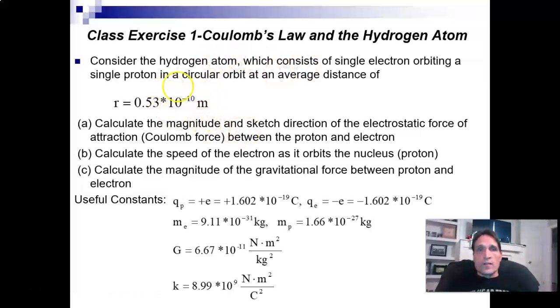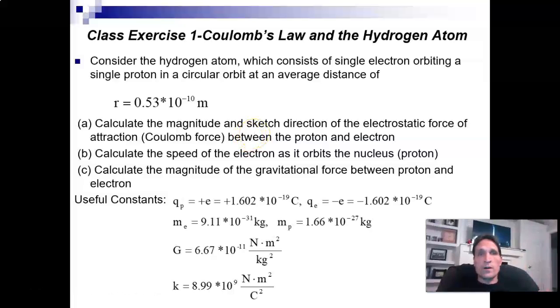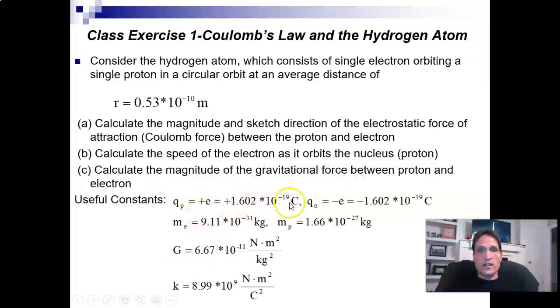So in the first part of the problem, we're going to use Coulomb's law, and we're going to calculate the magnitude of the force between the proton and the electron. Okay? And we know that the magnitude of each charge is 1.6 times 10 to the negative 19 coulombs. And we know that the separation, r, is 0.53 times 10 to the negative 10 meters.